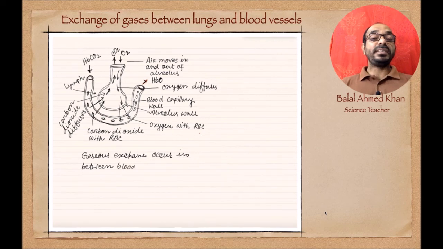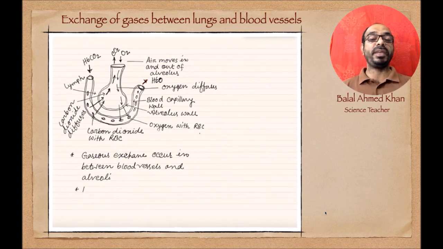Gaseous exchange, or carbon dioxide and oxygen exchange, occurs between blood vessels and alveoli. The singular form is alveolus and the plural form is alveoli. These gaseous exchanges occur through a specific process named diffusion.